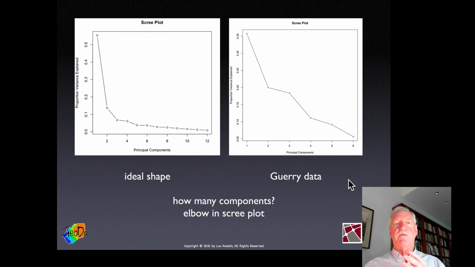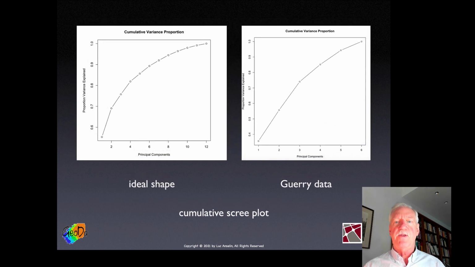So there's two ways of looking at this. In this particular plot, we're looking at the actual proportion explained, and in the following plot, we look at the cumulative proportion of the variance explained. And again, in the ideal case, we want to see a flattening out of this curve.